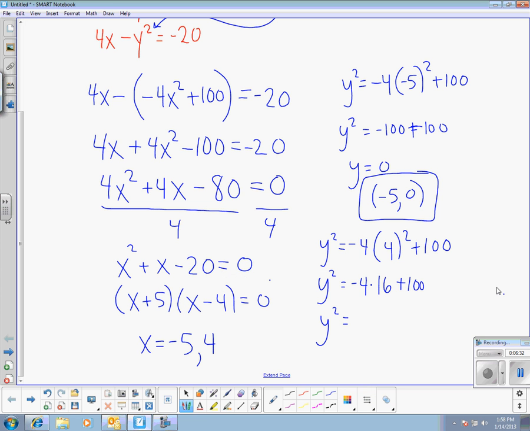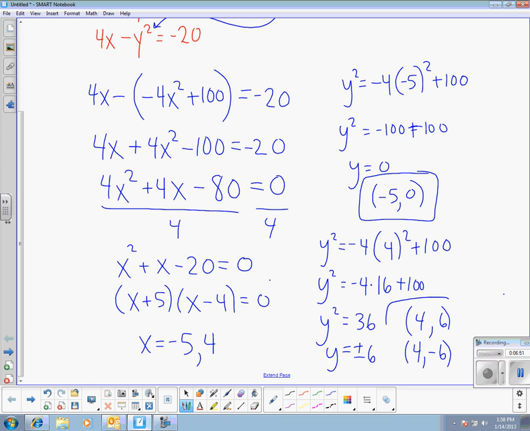And that, let's see, negative 4 times 16 is negative 64, plus 100 is 36. So the y's that make this true are plus or minus 6. So when x is 4, I get (4, 6) and (4, negative 6).